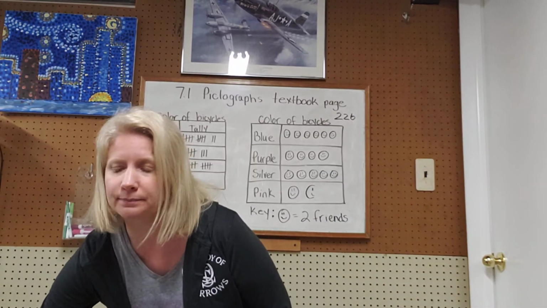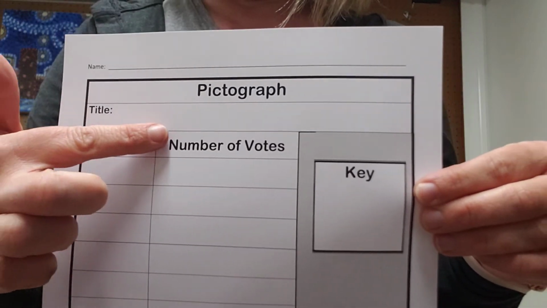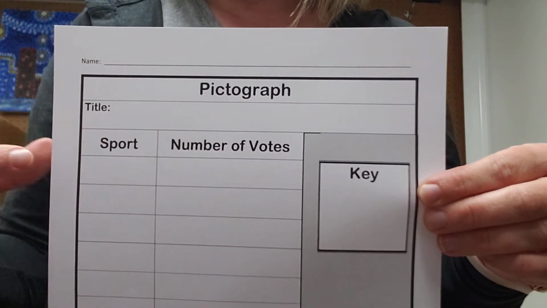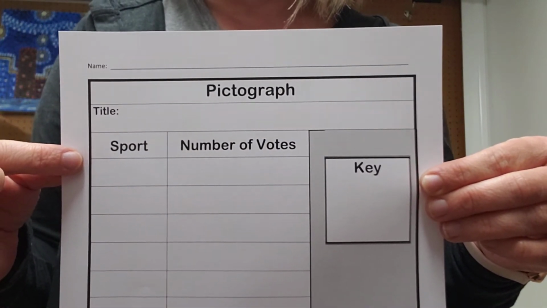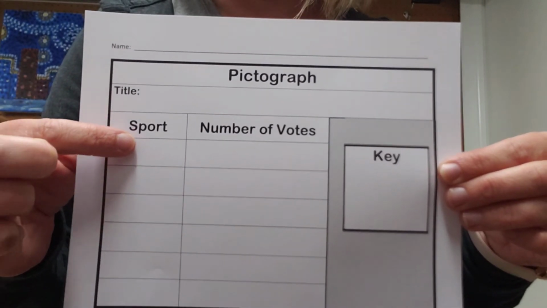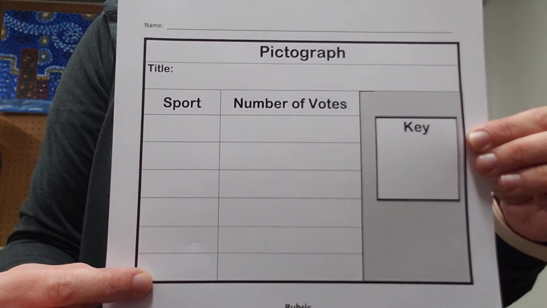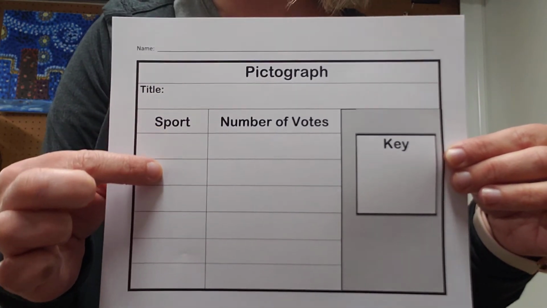Here's the chart that you have to do today. You write the title, whatever you want, the best favorite sports, whatever you want it to be. You list the sports, and there are 6. Our class only chose 5 of the sports, but there were 6 choices.